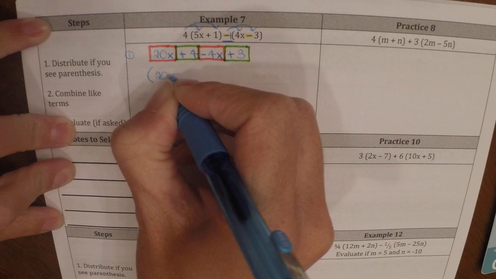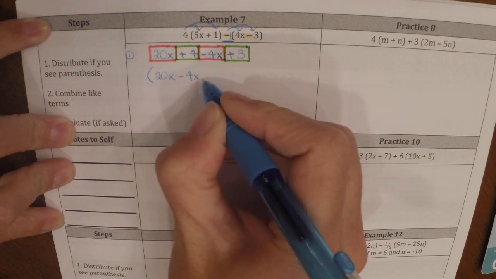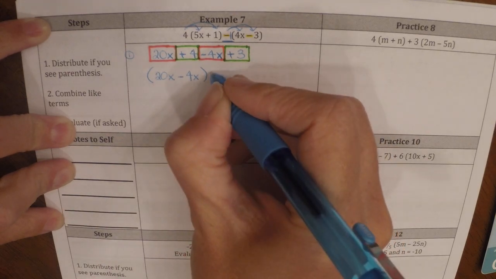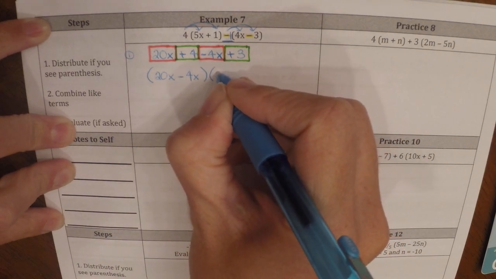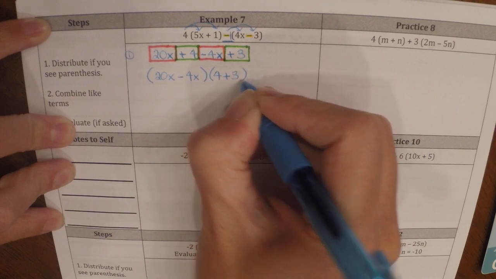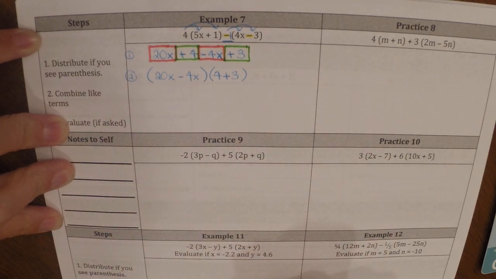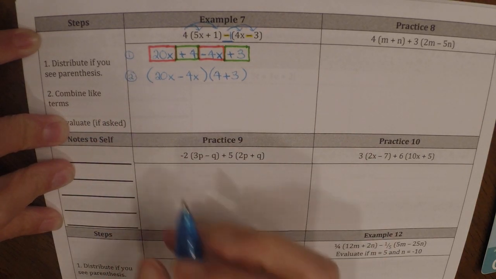So I have 20x and minus 4x. Again, signs travel with numbers. And then I have a positive 4 and a positive 3. So there's my groups for combining the like terms, and now I'm ready to actually put them together.